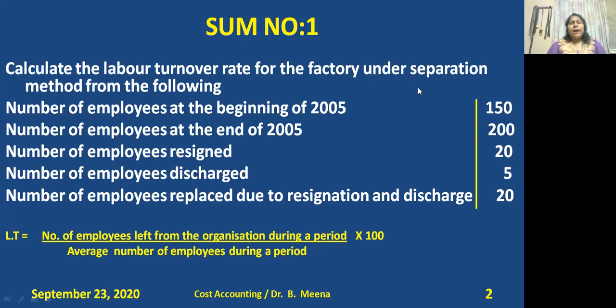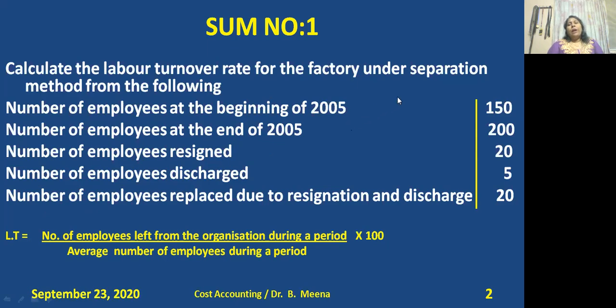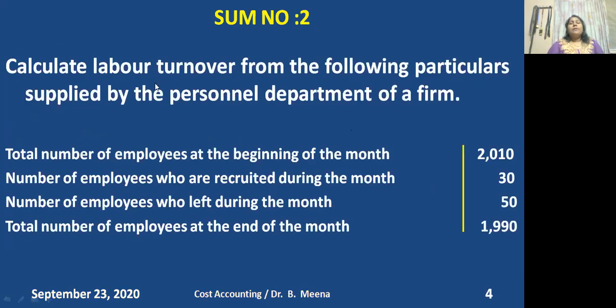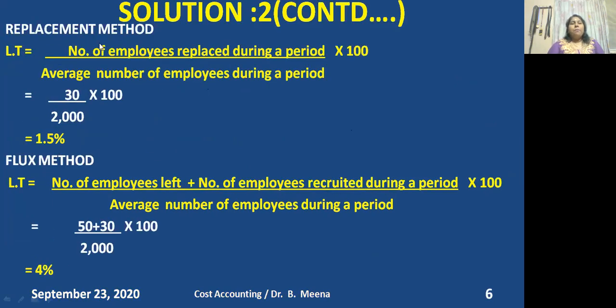So that's why I apply this formula. Number of employees left from the organization during a period, average number of employees. First, I made a calculation, average number of employees. Then I substitute in the formula to calculate the labor turnover as per the problem question only under separation method. But the second problem is asking you to calculate labor turnover only. So I need to work out the labor turnover under separation method as well as replacement and flux method. Okay.